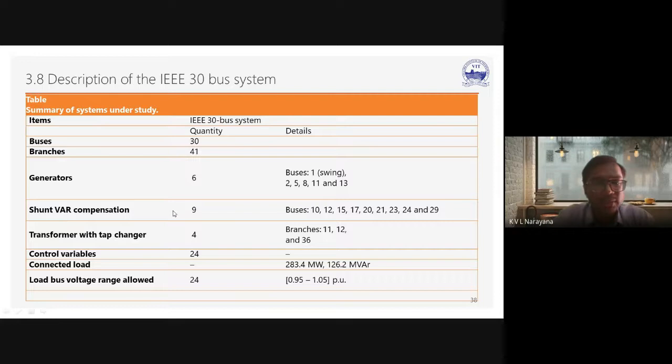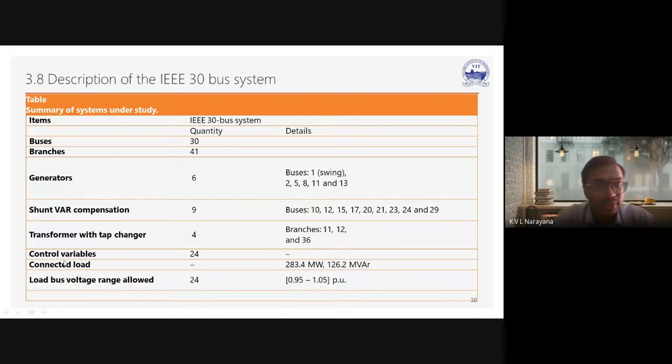And there are 9 shunt volt ampere reactive compensation devices, like capacitor banks, connected at locations such as nodes 10, 12, 15, for the reactive power. There are 4 transformers with tap changers.